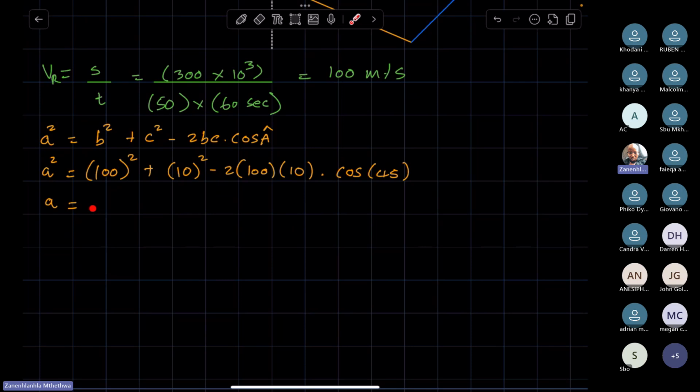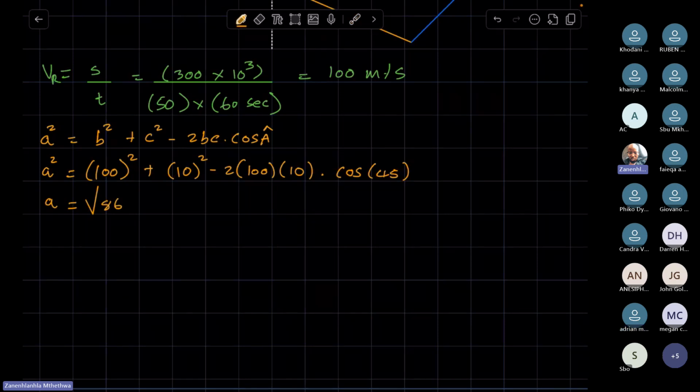Remember that here we are going to have to use the square root of all of this. So this being equal to a squared, what is a squared equal to? 8685.786.